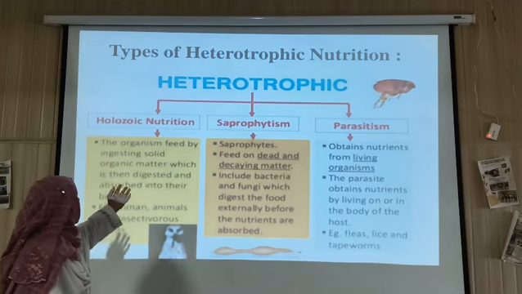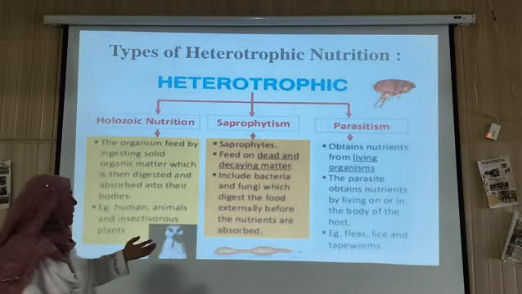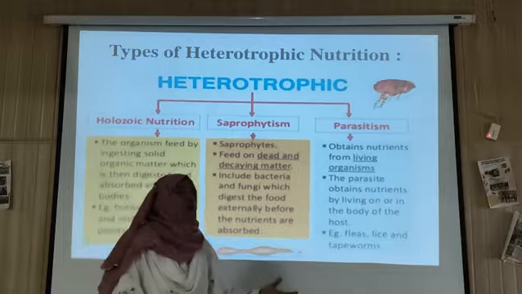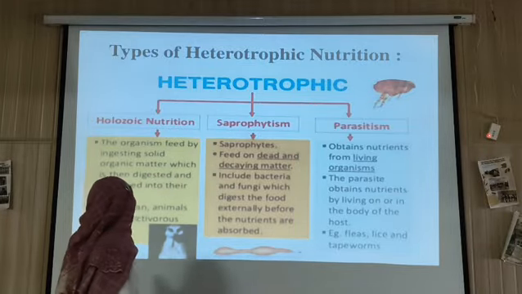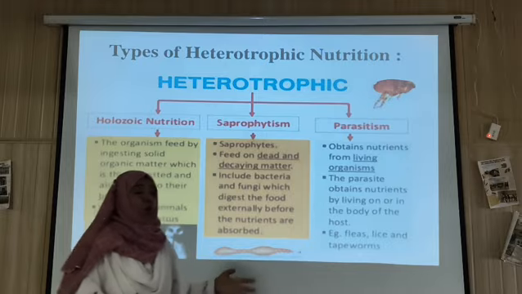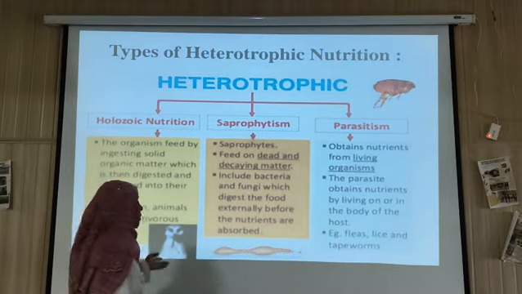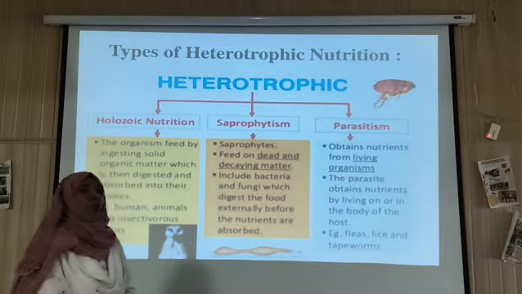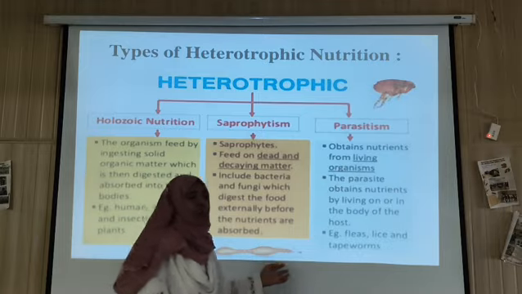These are called holozoic organisms. They may be small organisms like amoeba and large organisms like large fishes which eat up small fishes; frogs eat insects, and human beings also use this mode of nutrition.